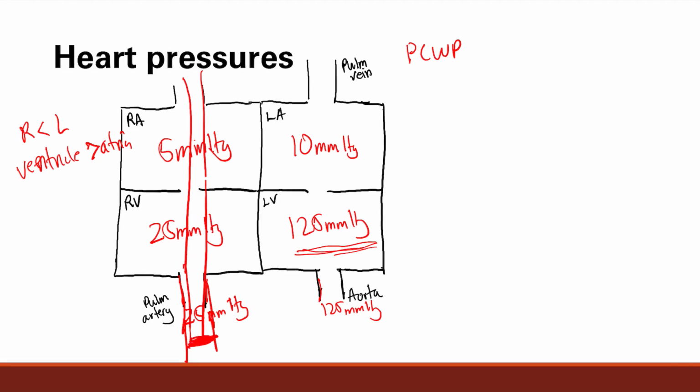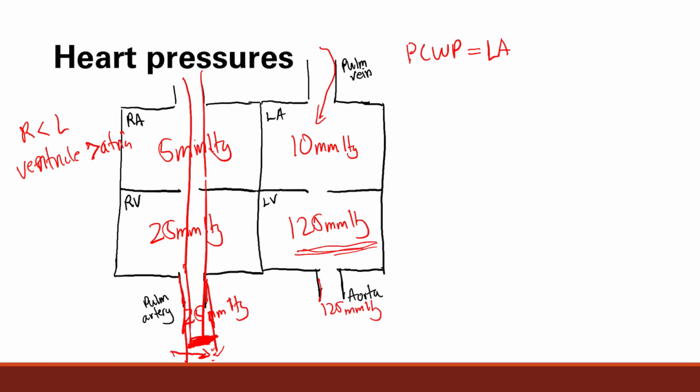And then we measure the pressure distal to the occlusion. And because it's completely occluded, this pressure right here is going to be equal to whatever is downstream. So downstream would be the left atrium. So the pulmonary capillary wedge pressure is a direct measurement of the left atrial pressure.